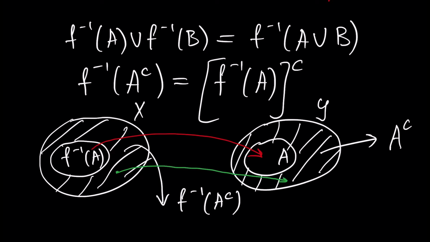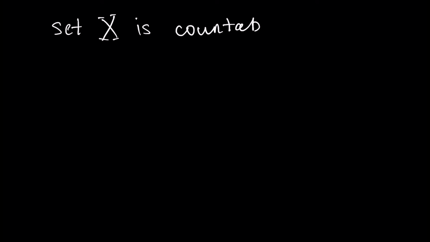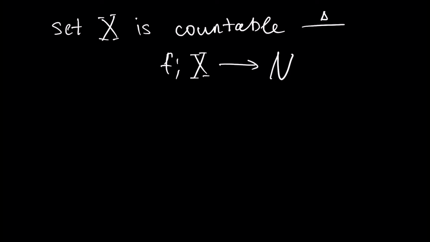Next, let's define what it means to be countable. A set is sometimes called countable, and sometimes this set is uncountable. What does it mean? Set X is countable by definition if we can construct a mapping from this set X into the set of natural numbers.